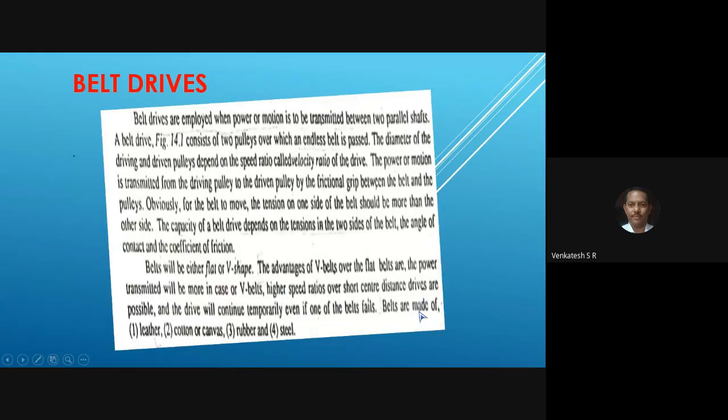Belts are made from, write down one by one: Number 1, leather. Number 2, cotton or canvas. Number 3, rubber. Number 4, steel. So this is the introduction of belt drive.